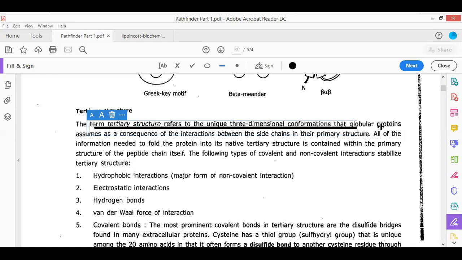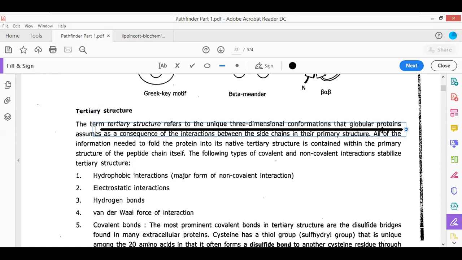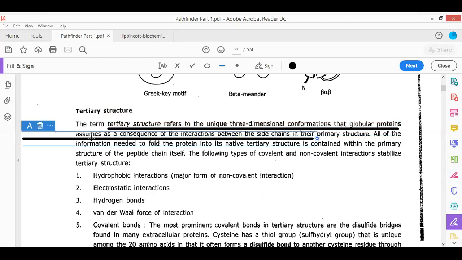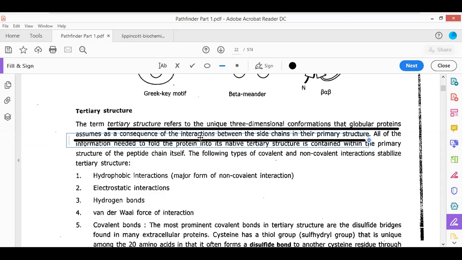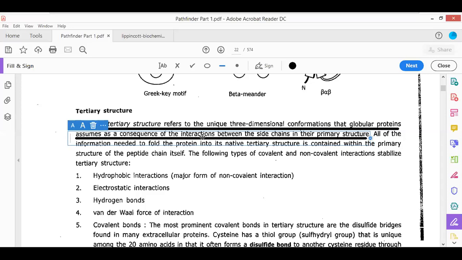When you assume the tertiary structure, you are talking about the three-dimensional globular protein functional structure that is produced as a consequence of interaction between the side chains of the primary structure. The side chains interact with each other and lead to the formation of the tertiary structure of protein.